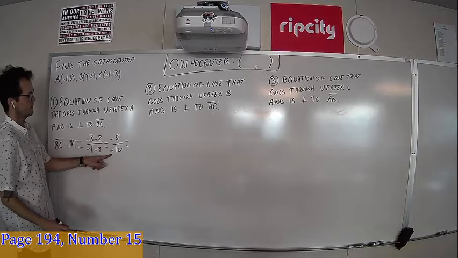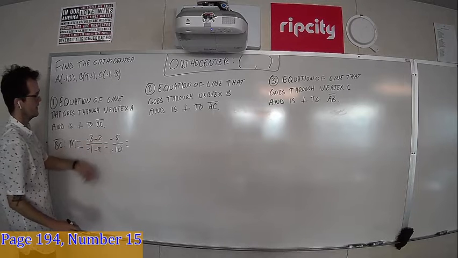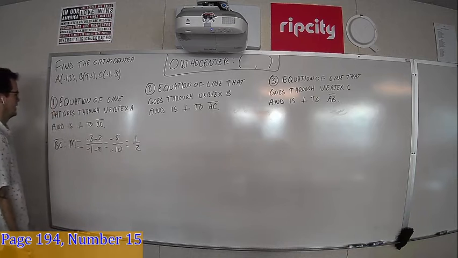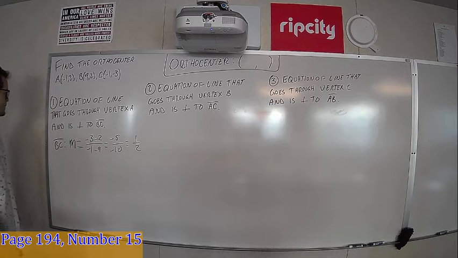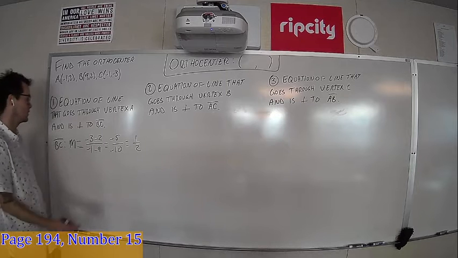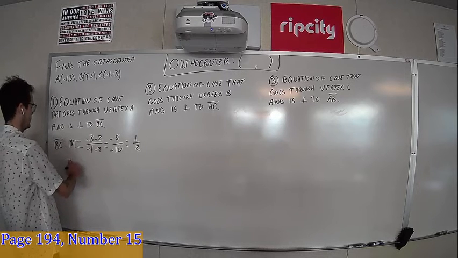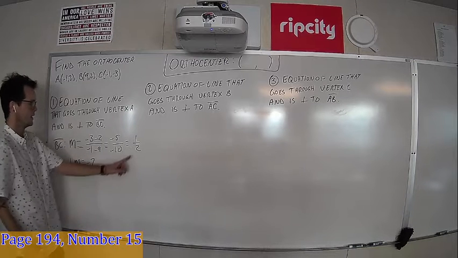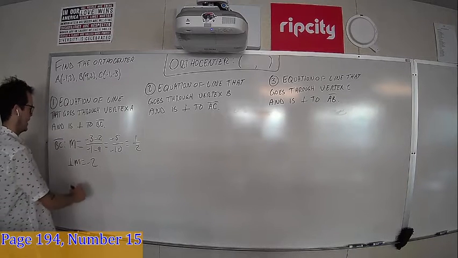Negative divided by a negative is a positive. 5 divided by 10 is 1/2. So it's going to be positive 1/2. That's the slope of this side BC. We don't care about that slope directly. We want to know what's perpendicular to that. So I'm going to say the perpendicular slope to that is going to be -2. That is the opposite reciprocal of 1/2.